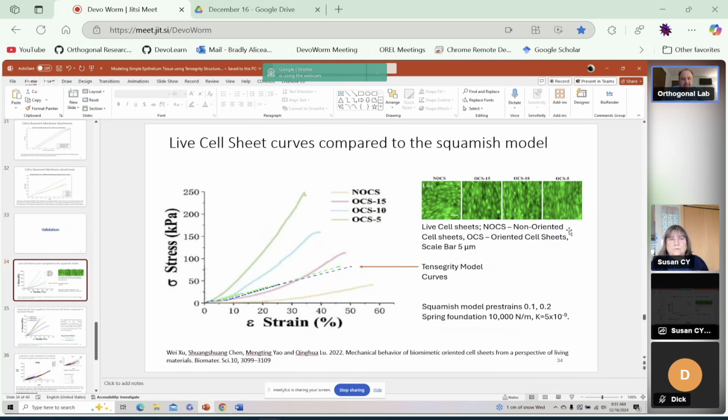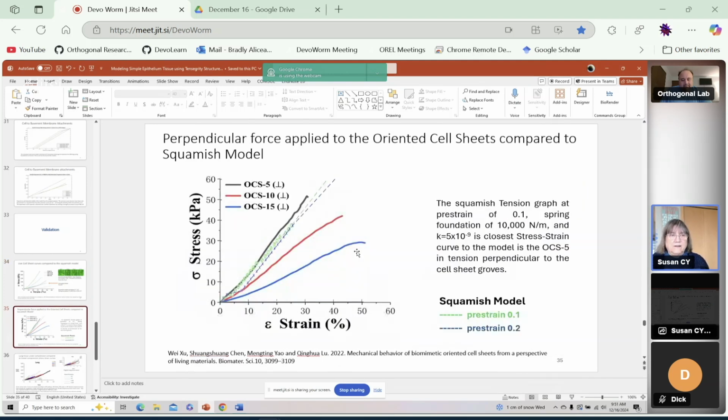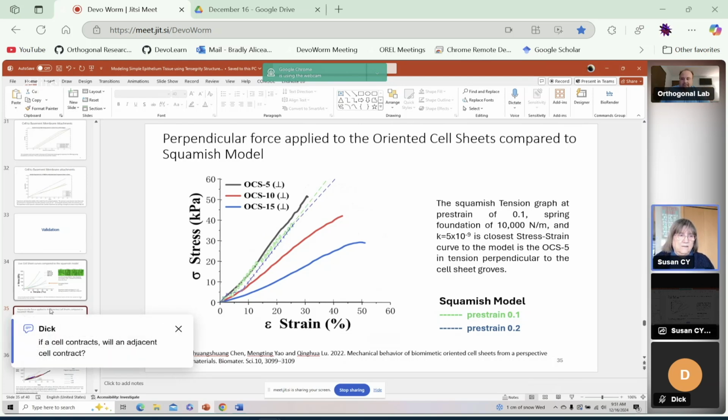So this graph is tensioning them in the aligned direction, and these ones are perpendicular to the aligned direction, so they're the other way. Yes, it's a perpendicular stretch.